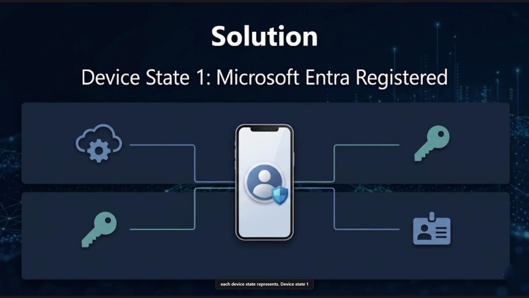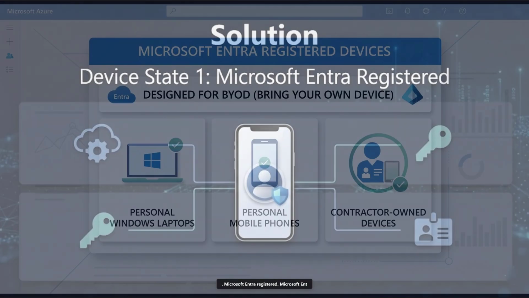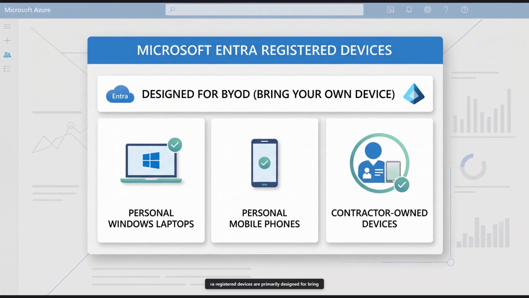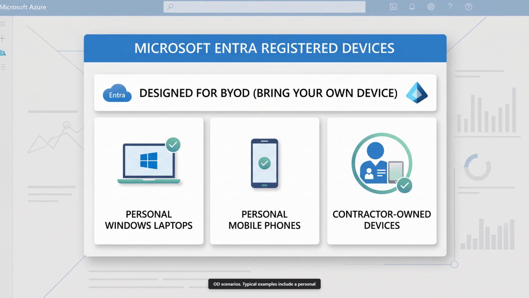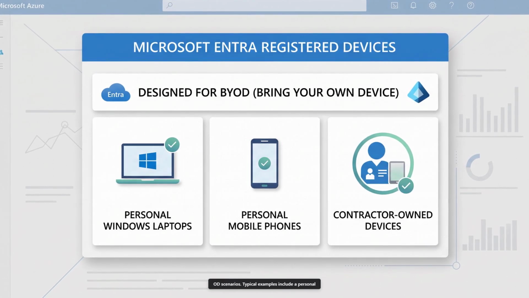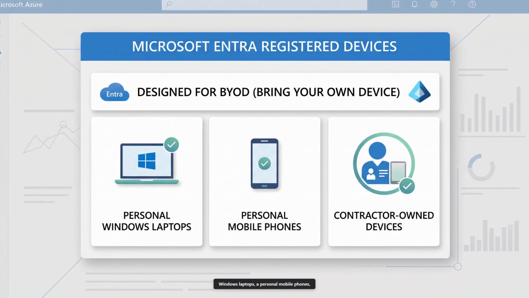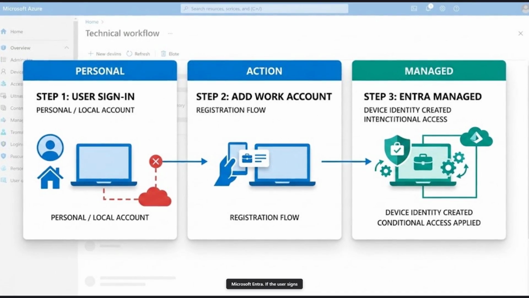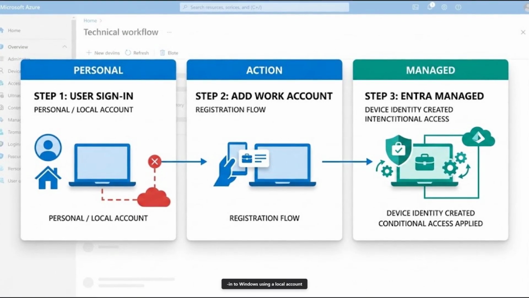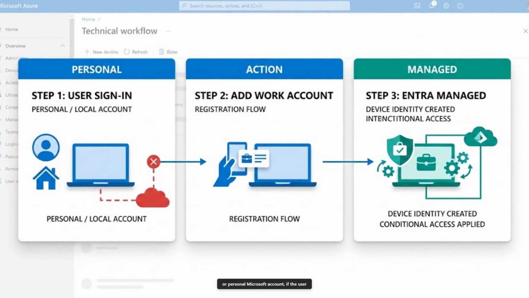Device State 1, Microsoft Entra Registered. Microsoft Entra Registered devices are primarily designed for bring your own device, or BYOD scenarios. Typical examples include personal Windows laptops, personal mobile phones, and contractor-owned devices. In this model, the device is not joined to Microsoft Entra. The user signs into Windows using a local account or personal Microsoft account.